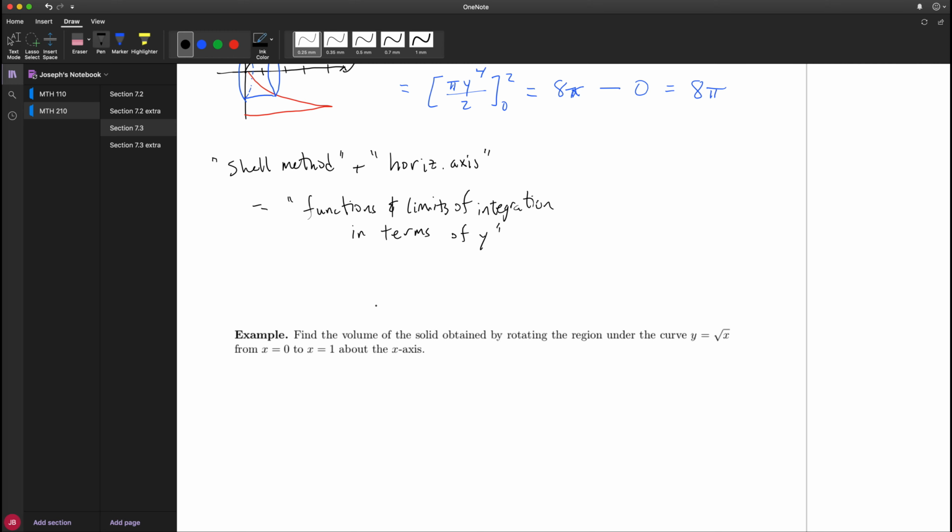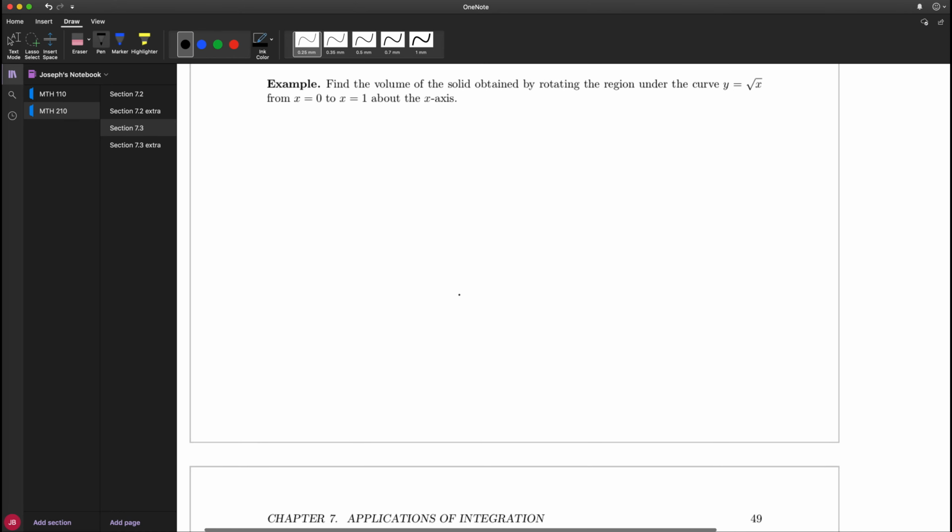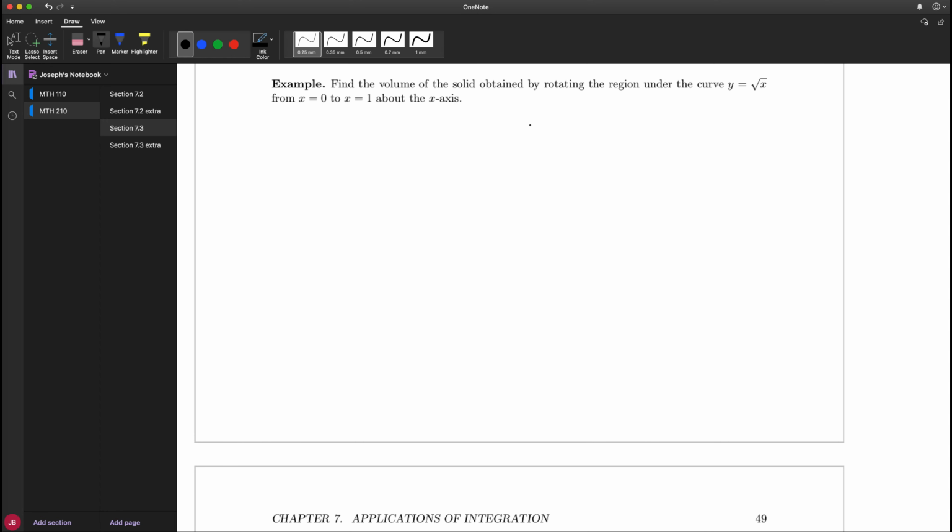So it's totally backwards from disk-washer method, which in some sense is easier, because hopefully you won't confuse the two methods when one is required over the other.